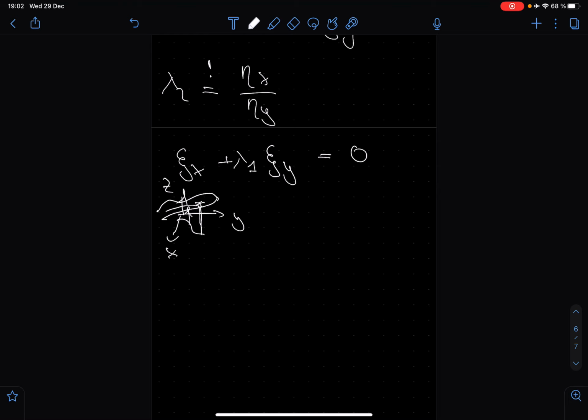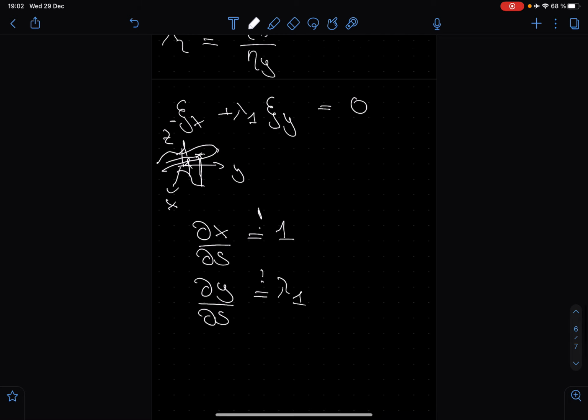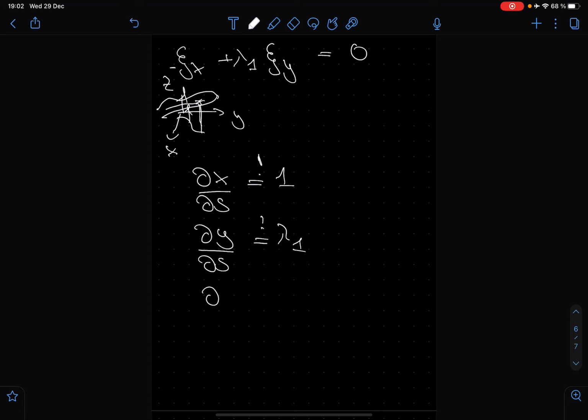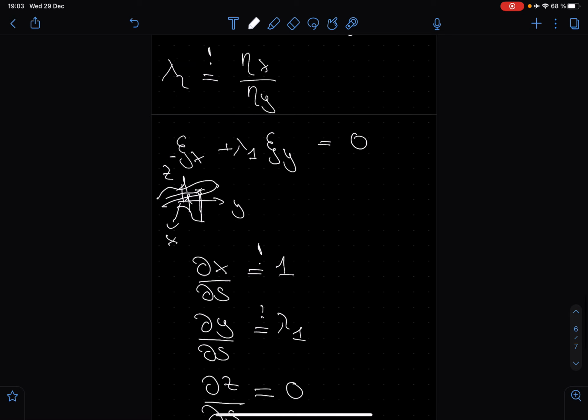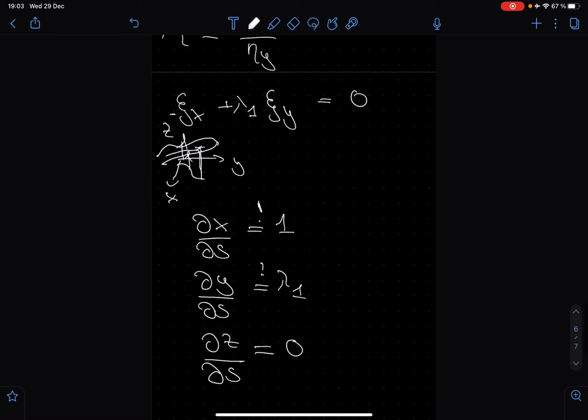Here we have dx/ds equals 1, because we have the coefficient 1. Then dy/ds has to equal lambda 1, because we have lambda 1 here, and then dz/ds has to be 0, because the right-hand side is 0 here.